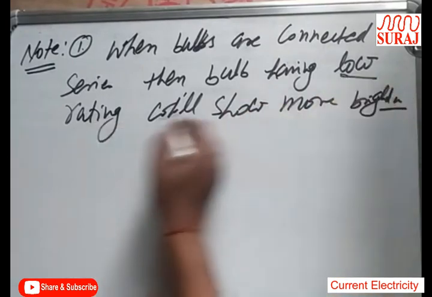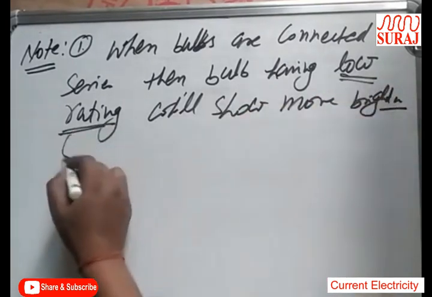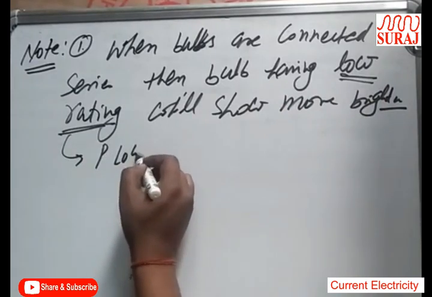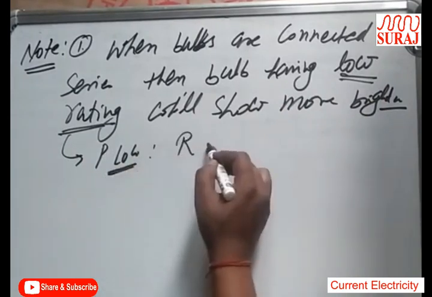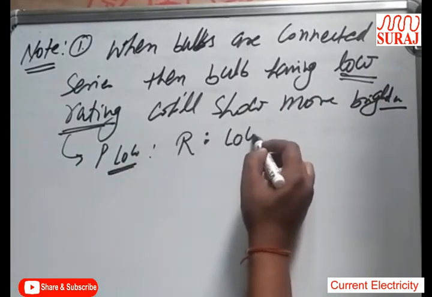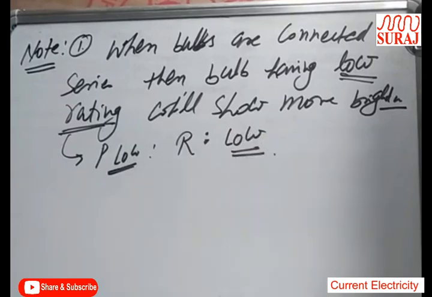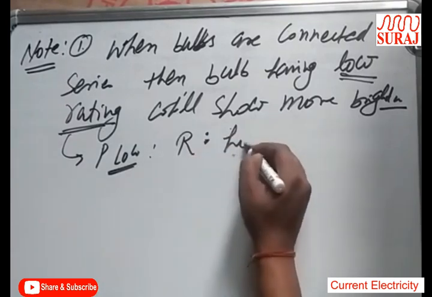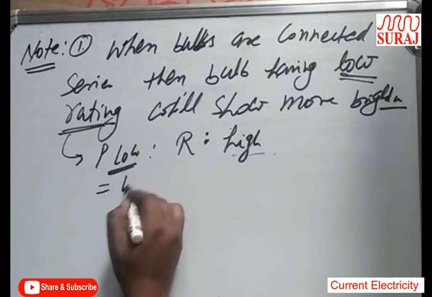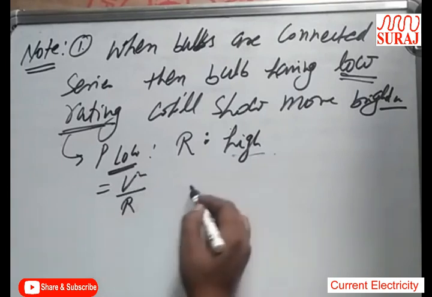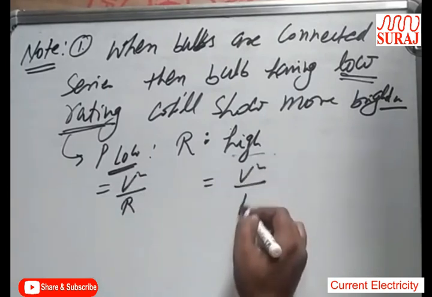Because low rating means what? Low rating means power is low. It means the resistance will be high, because power equals V squared by R, so resistance will be V squared by P.